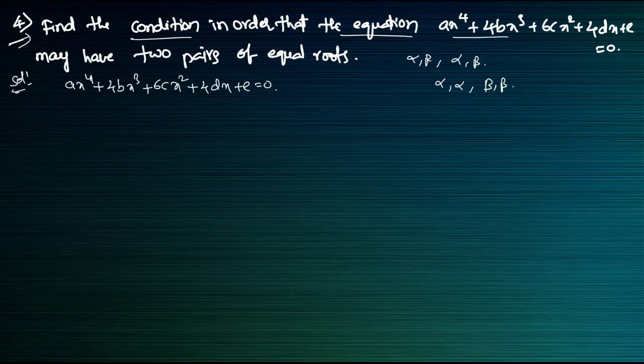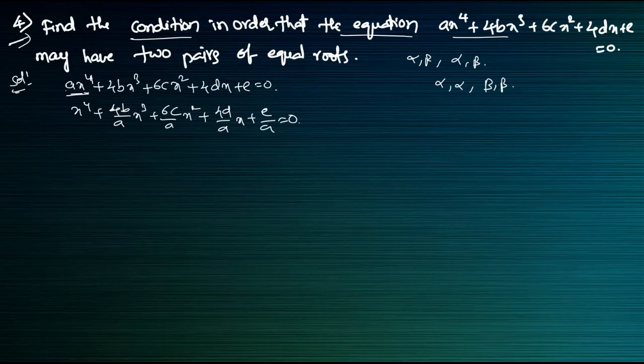In this equation the leading constant has to be 1, so I will divide the total equation by a. It becomes x to the power of 4 plus 4b by a x cube plus 6c by a x square plus 4d by a x plus e by a is equal to 0.